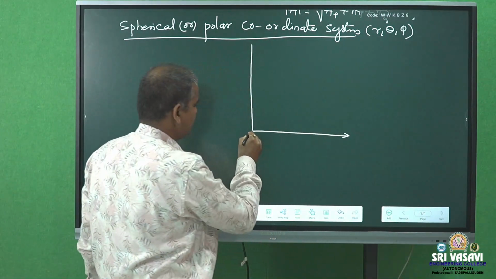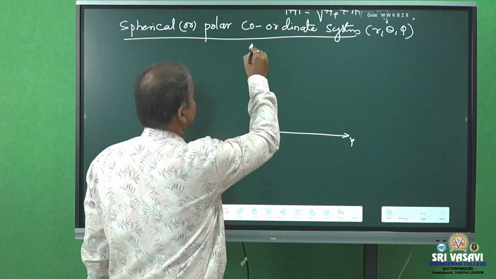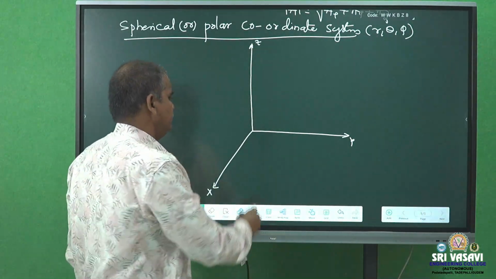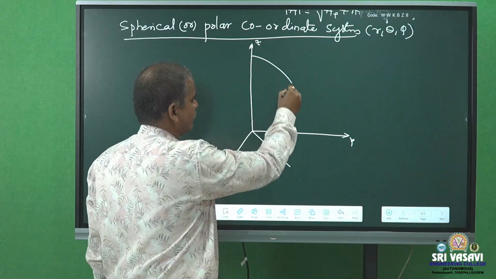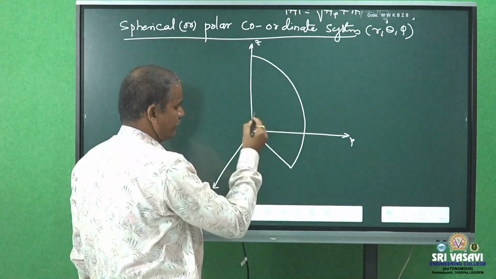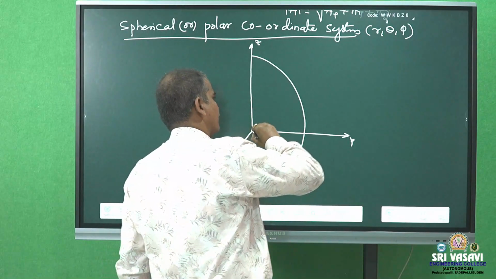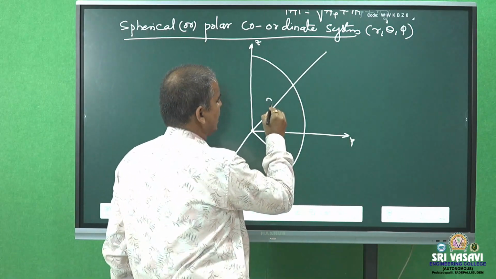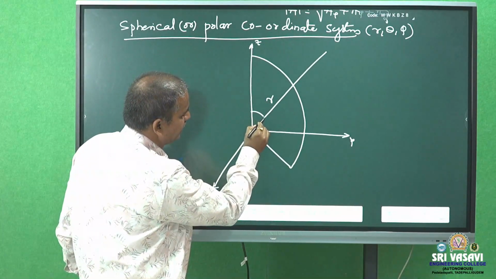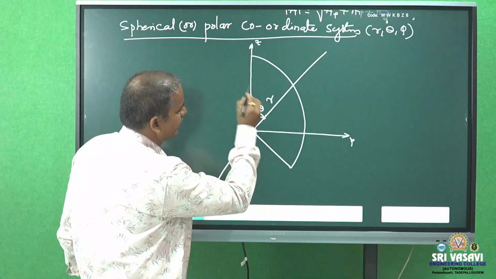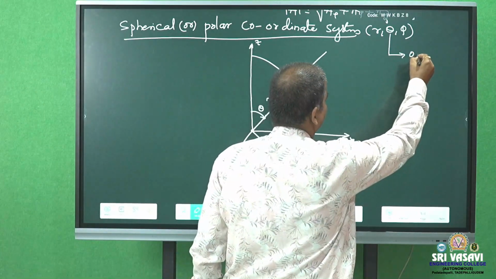Let us take the standard coordinates x, y, z. In this, first we have to represent r. This is the radial distance starting from the origin. This is r. Then this is an angle theta. Theta is called the colatitude angle, ranging from 0 to pi.